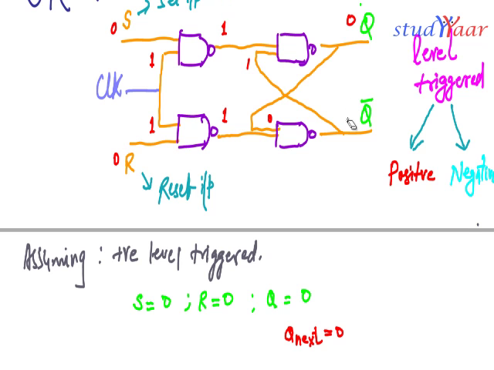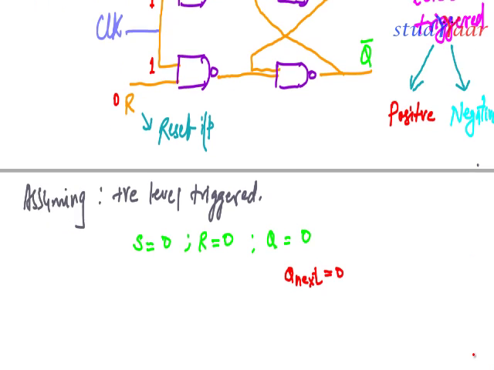Now let's take another scenario when my Q is equal to 1. Okay, when my Q is equal to 1 and SR is equal to 0, then let's see what is happening. S is equal to 0, R is equal to 0, and Q is equal to 1.